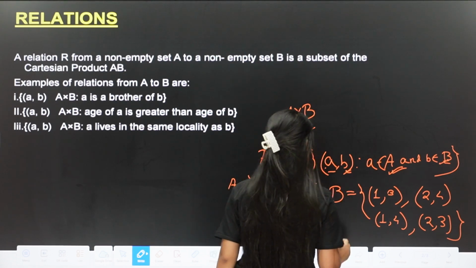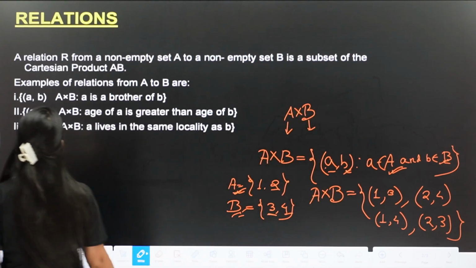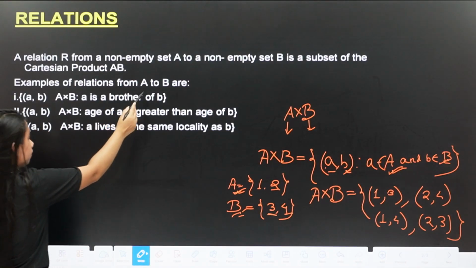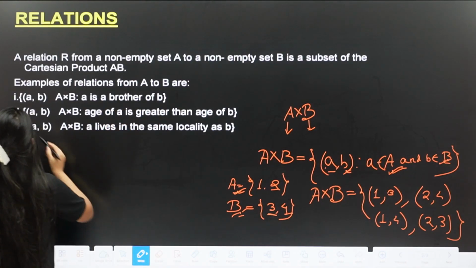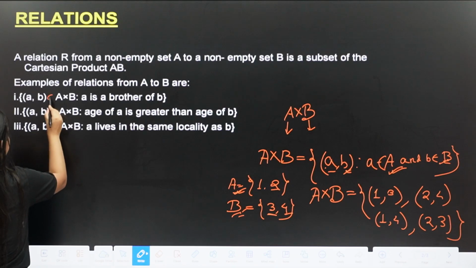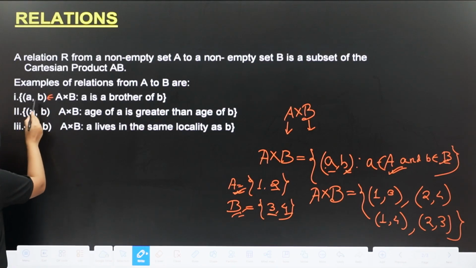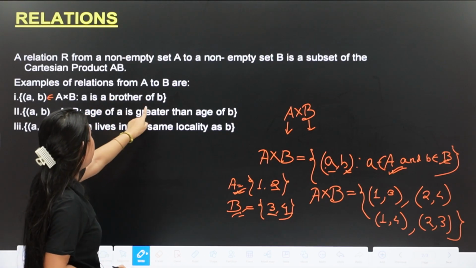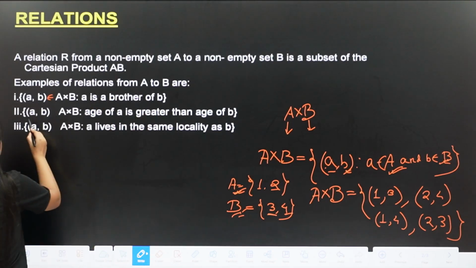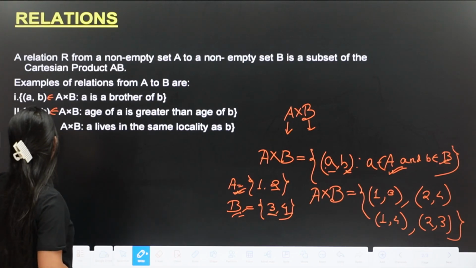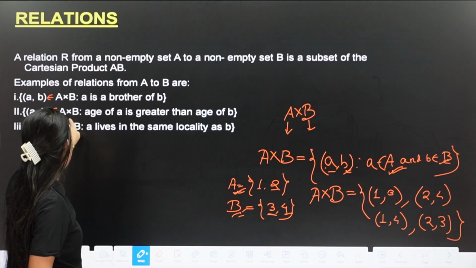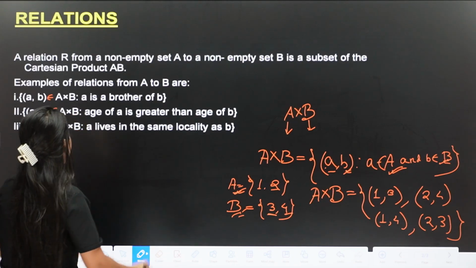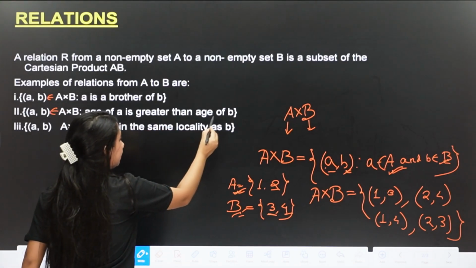Here are some examples of a relation from A to B. The first is (a, b), where a is the brother of b. The second is (a, b), where (a, b) belongs to the Cartesian product A cross B and the age of a is greater than the age of b.